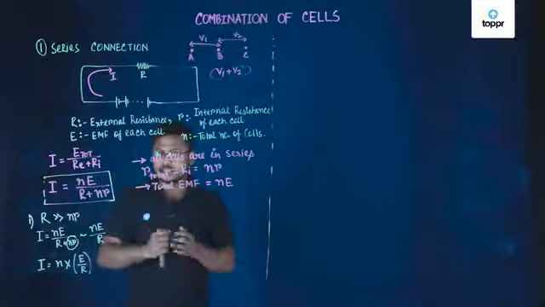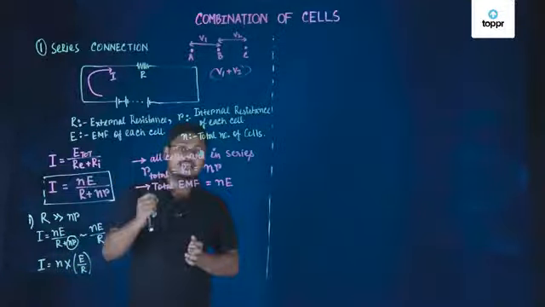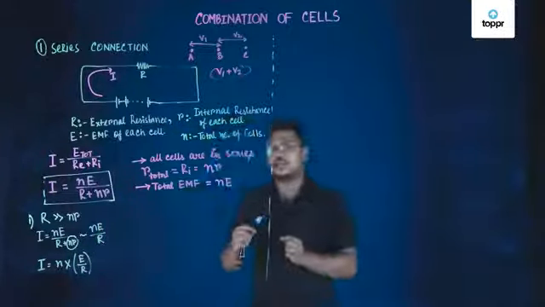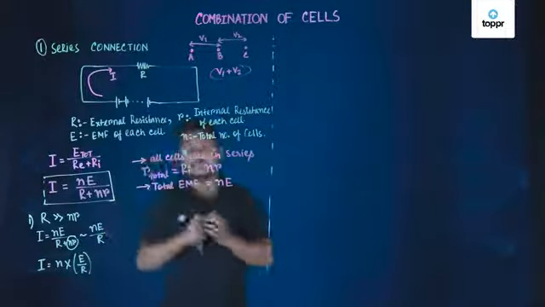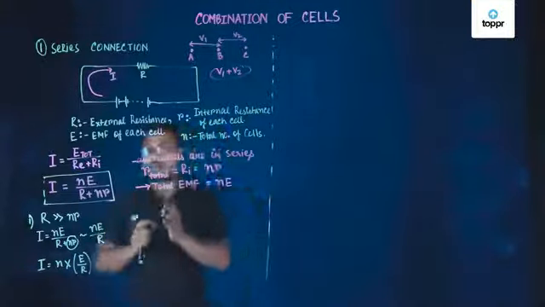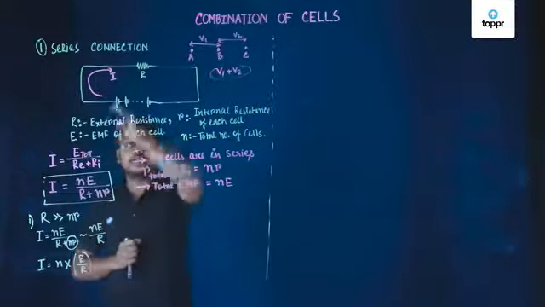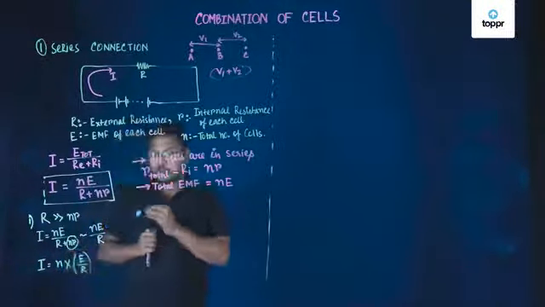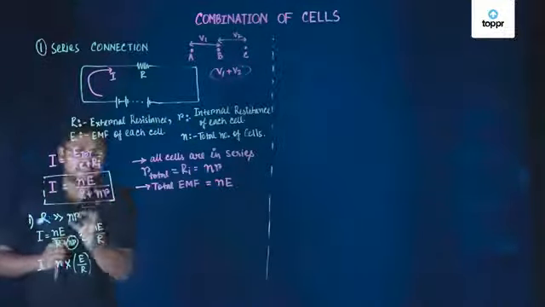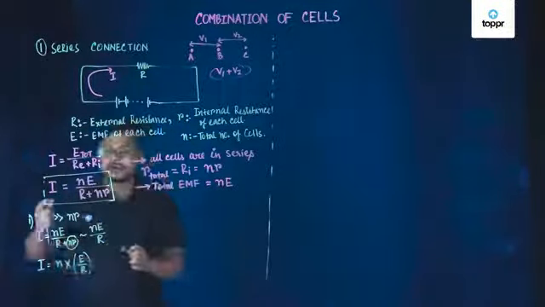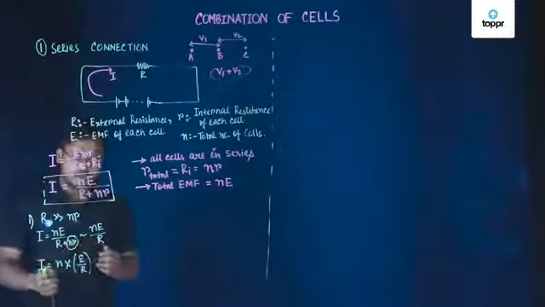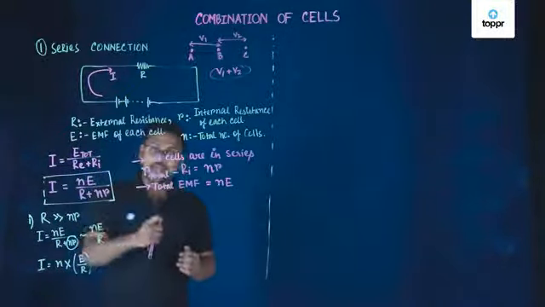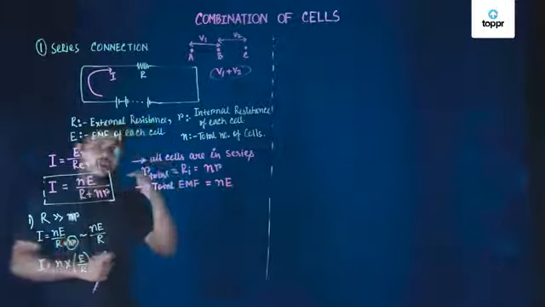Now just look at this expression. If there is only one cell, with internal resistance very small compared to the external resistance and EMF capital E, the total current flowing through the circuit will be only E by R. So when the internal resistance of the cell is very small compared to R, the current is n times the current produced by taking only one cell.